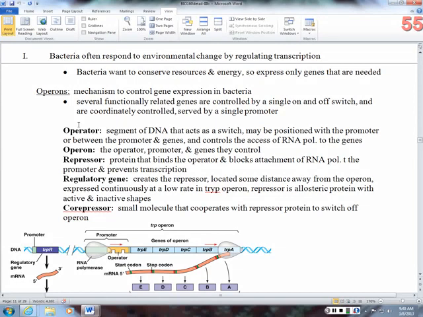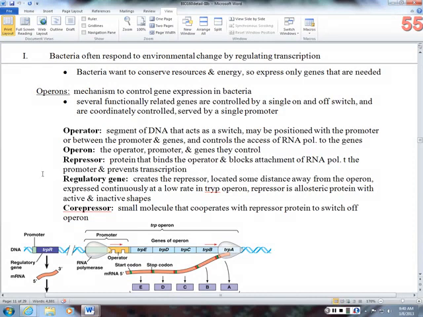Basically, a cell doesn't want to make something that it can get from the environment. That's a waste of energy. And so the operon is going to be a way that it can regulate what's going on, and it can shut off a single gene or a group of genes so that you're not making something you're able to get easily from the environment. So you have a segment in here that is of your gene.